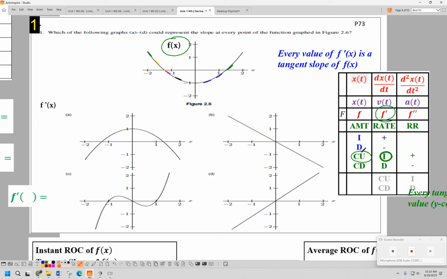So Danica put that into her chart as well. That when f is concave up, that means the slopes are going to be increasing, little by little. Vice versa for concave down. Cool. Okay, last thing is the connection here.